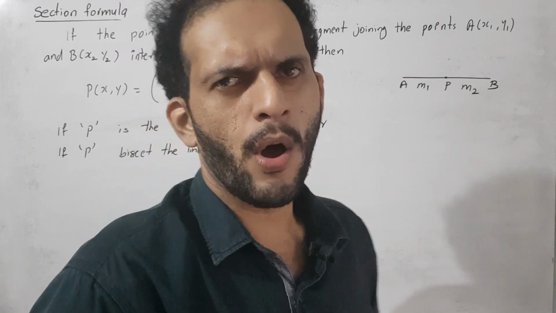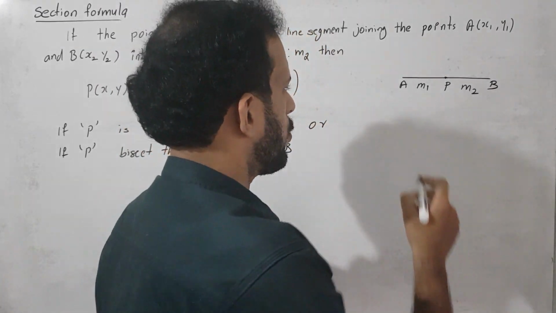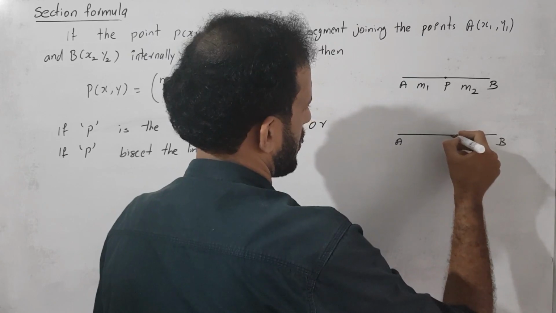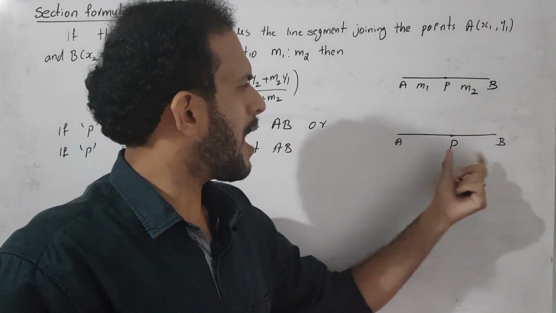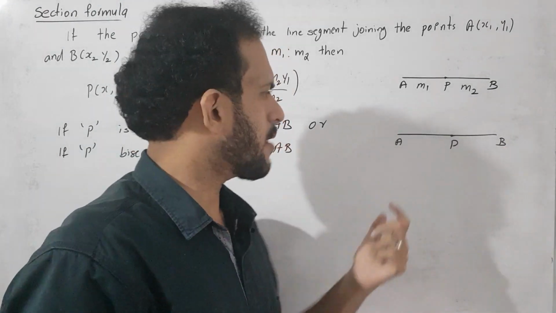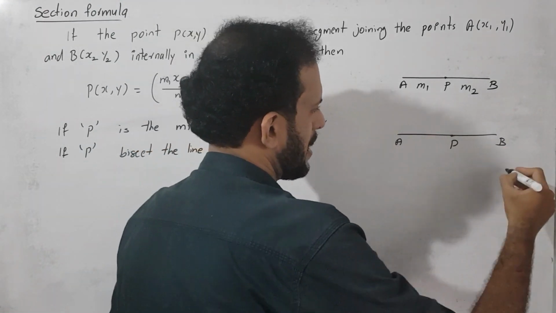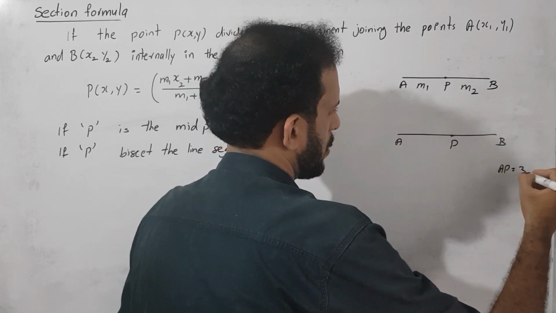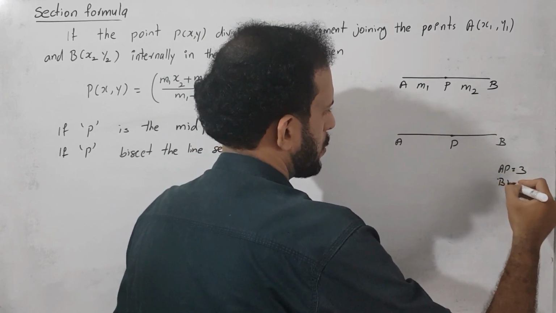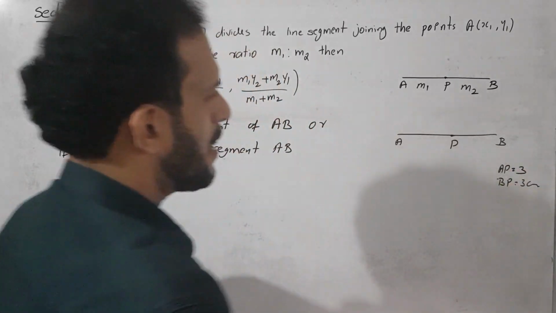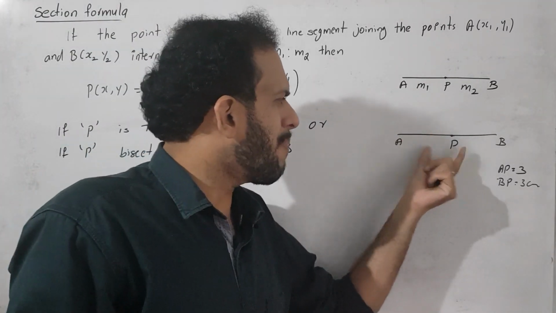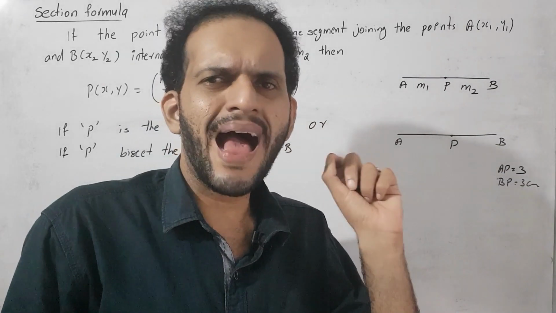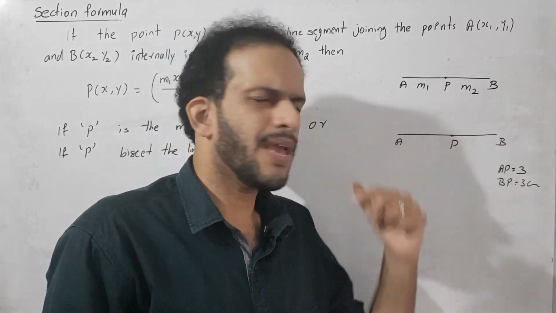If P is the midpoint of AB, then it is very clear the lengths of AP and PB are equal. If we suppose AP is equal to 3 centimeter, BP is also 3 centimeter, correct? AP is 3 centimeter. What is the measurement of BP? BP is also 3 centimeter. P bisecting AB means the idea is the same. P is the midpoint of AB, correct?